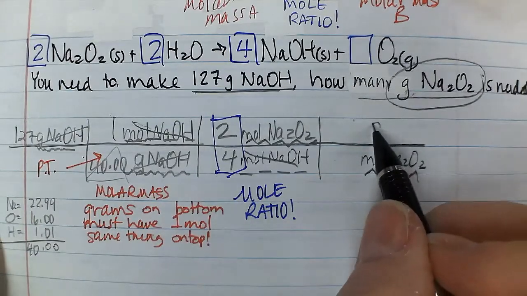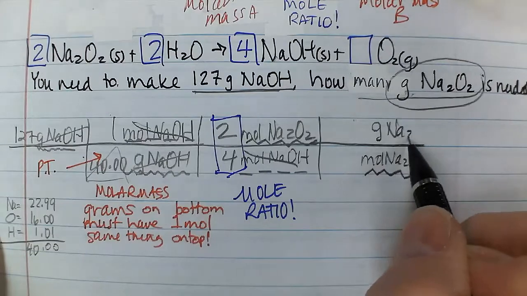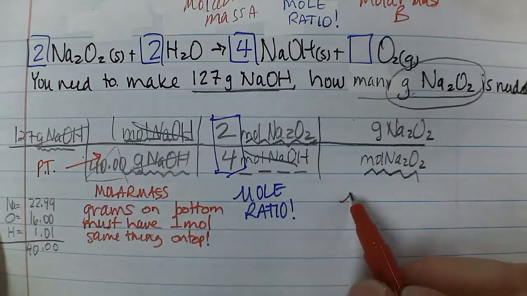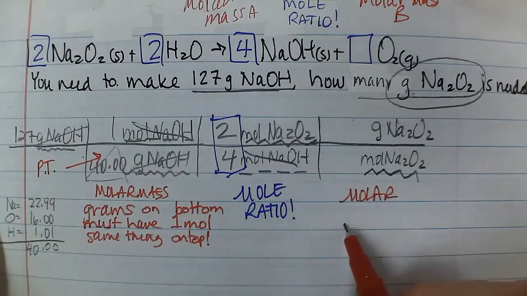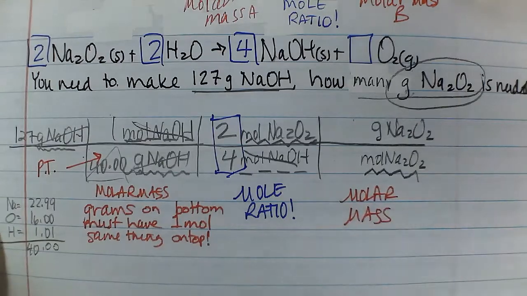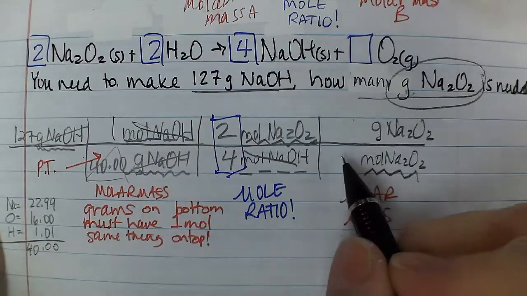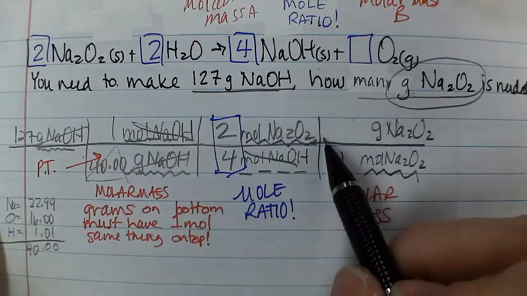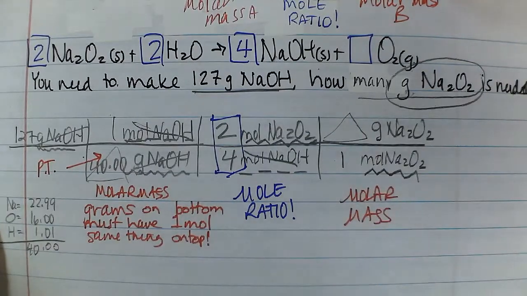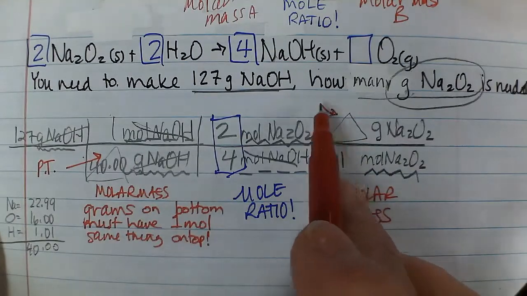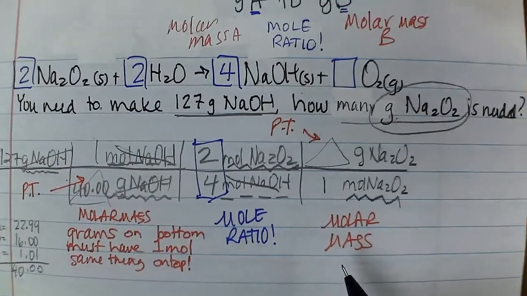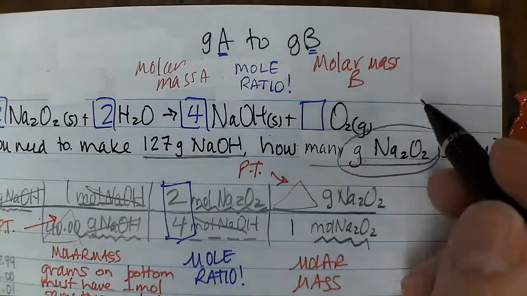Can I put grams of Na2O2 with moles? Ah, I can. This is another molar mass. So again, it's the mass of 1 mole. The number of grams comes from the periodic table. So I'm going to do my scratch work for that right up here.